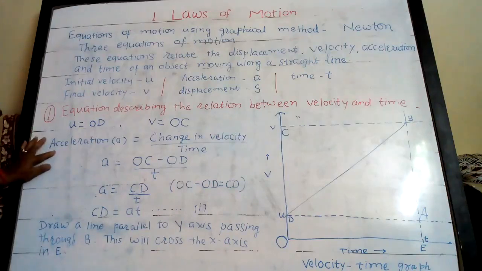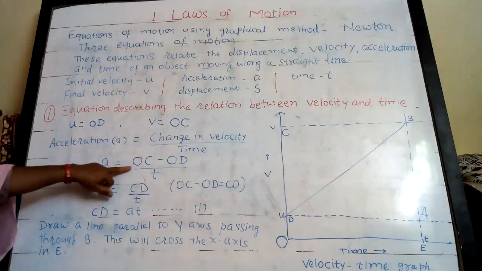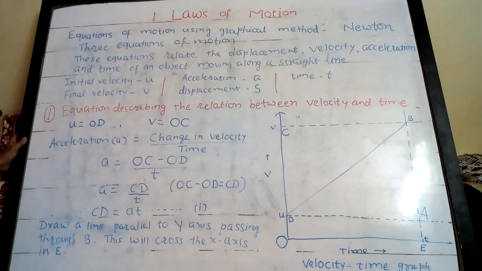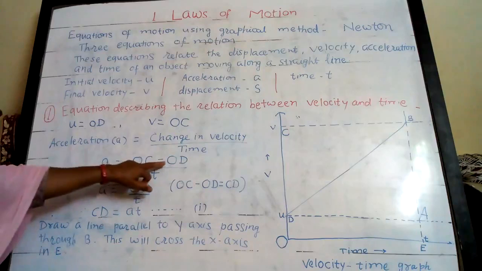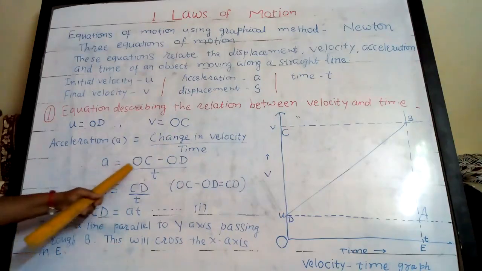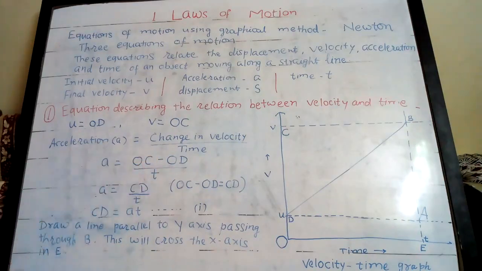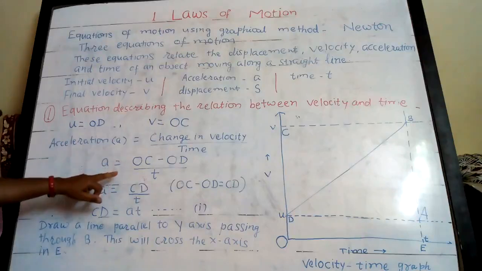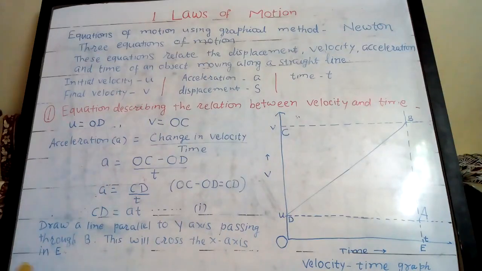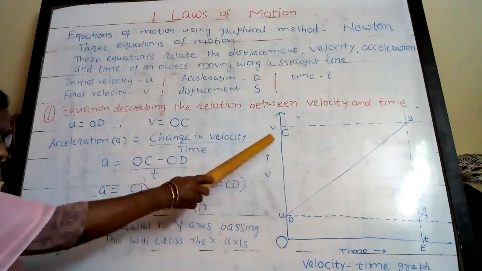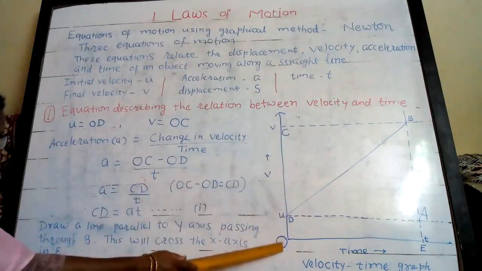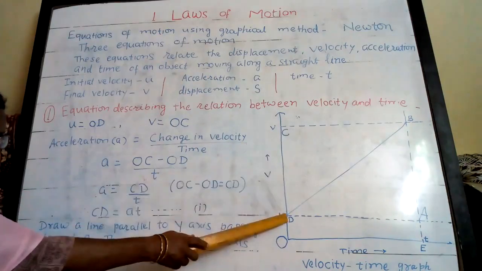Now acceleration is the change in velocity divided by time. Change in velocity you calculate by final velocity minus initial velocity. Final velocity is OC and initial velocity is OD. So a is equal to OC minus OD upon t, final velocity minus initial velocity divided by time. Now we know very well that OC minus OD is equal to CD.